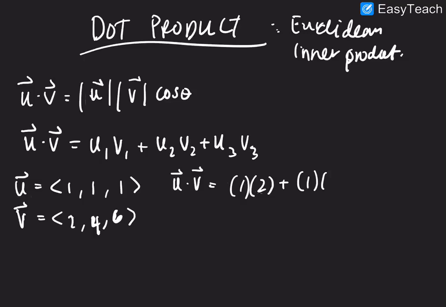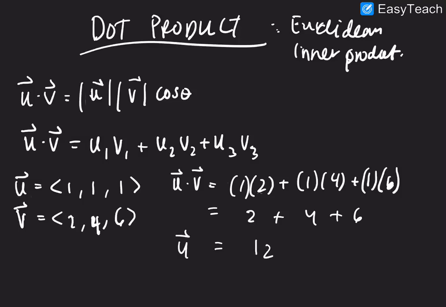The writing is terrible. Okay. Plus 1 times 6. Equals 2 plus 4 plus 6. And it does give you a scalar.